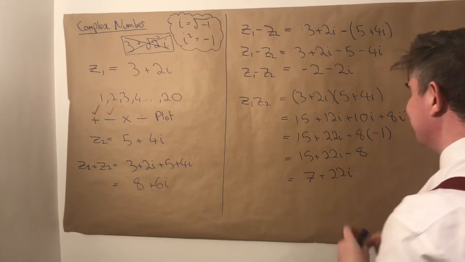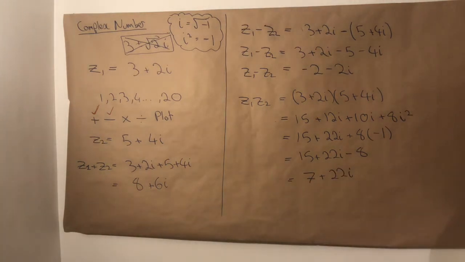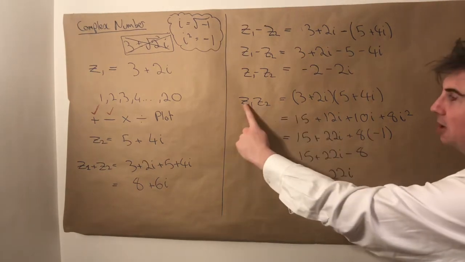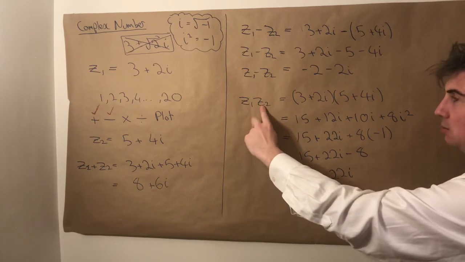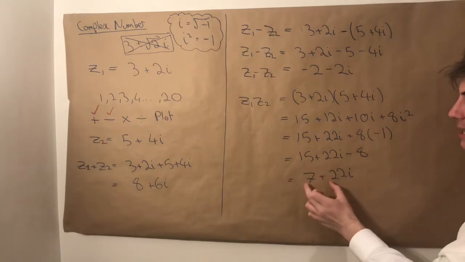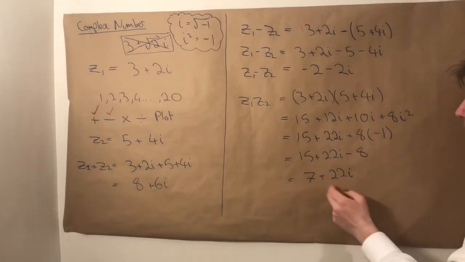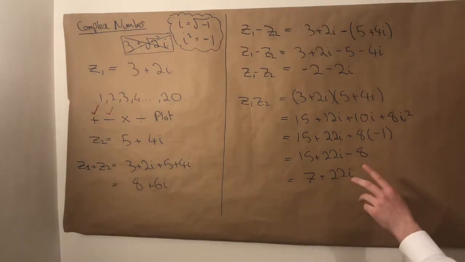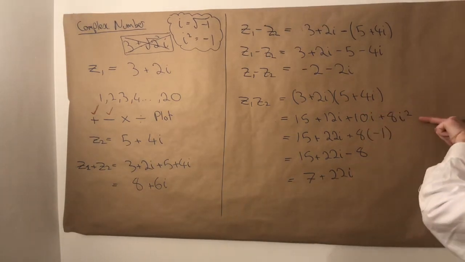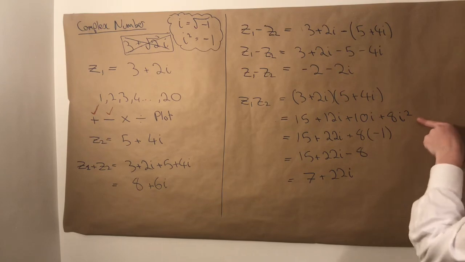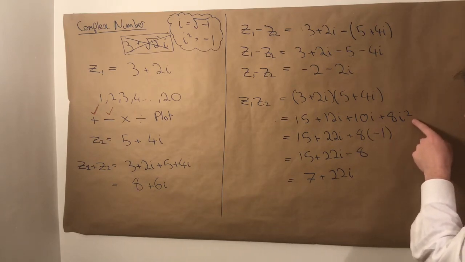Plus 22i. So the product z1 times z2 is equal to 7 plus 22i. This line here, I'm pretty sure you know how to do that without me even talking.